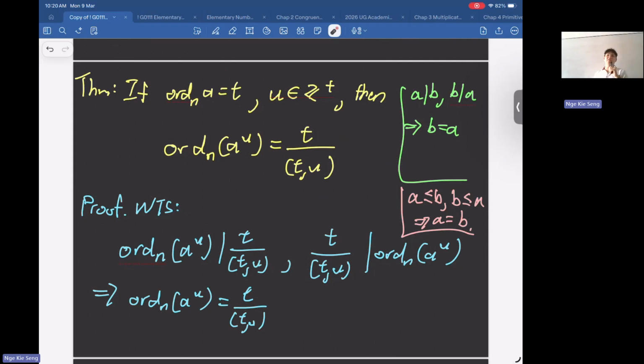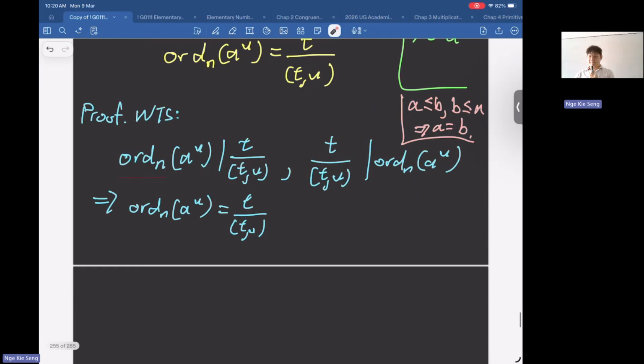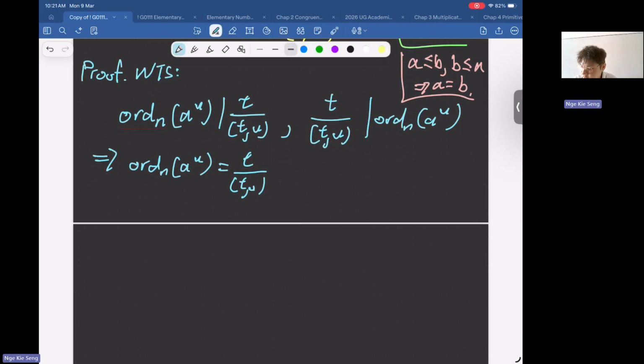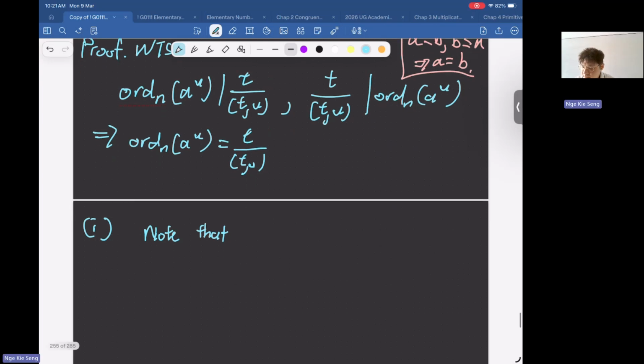A to the T is congruent to 1 mod n. So first thing we'll do is, what is A^U to the power of T over the GCD of T and U?